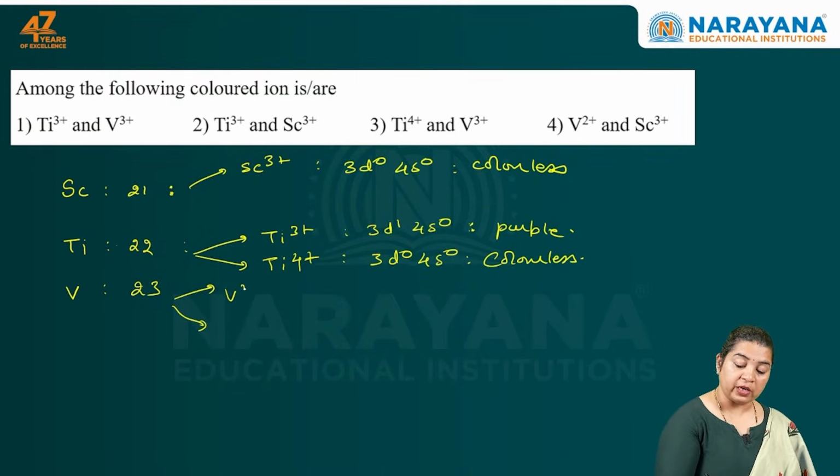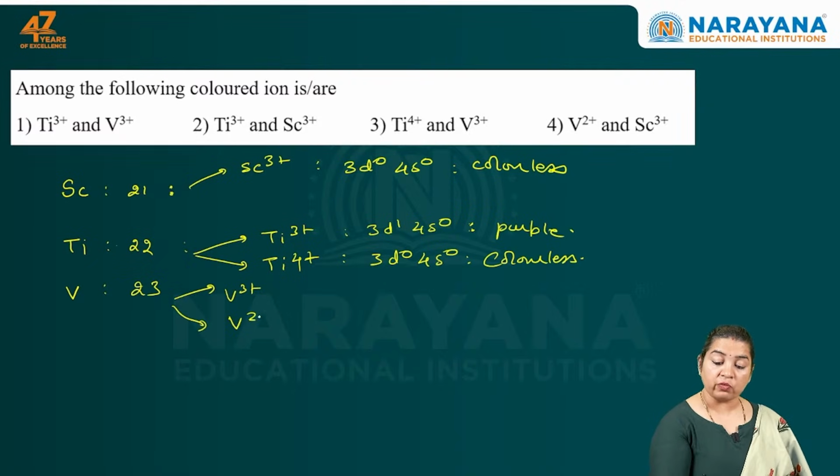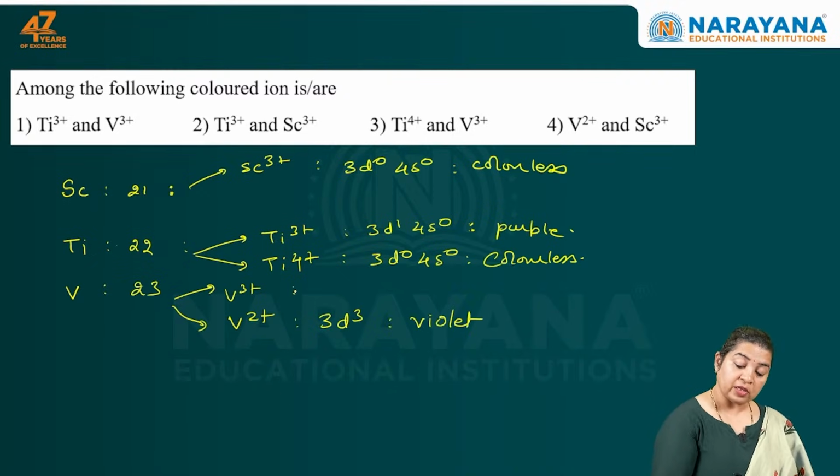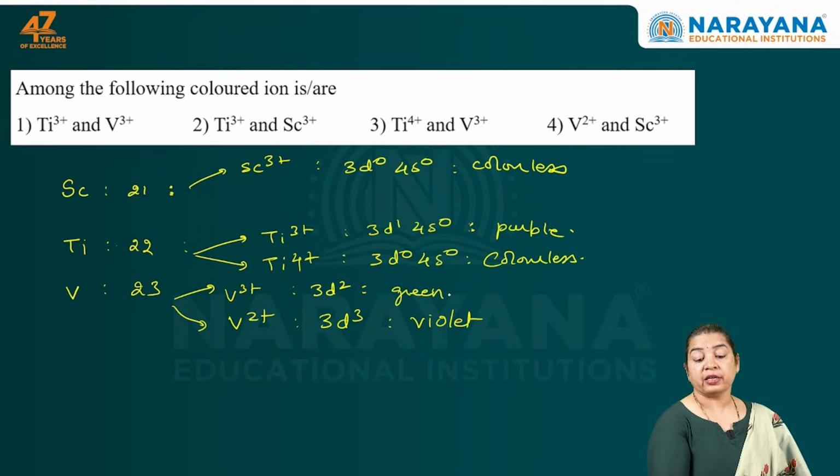Vanadium 3 plus is in the question, vanadium 2 plus is in the question. Let us do it. Vanadium is 3d3 4s2, right. When it is vanadium 2 plus, it will be 3d3 and it is found to be violet. When it is vanadium 3 plus, then it is 3d2 and that is found to be green in color.